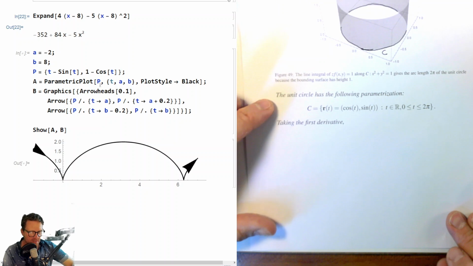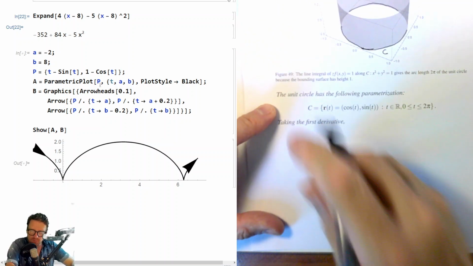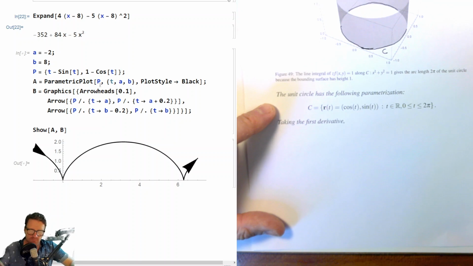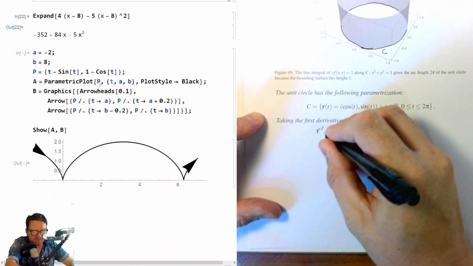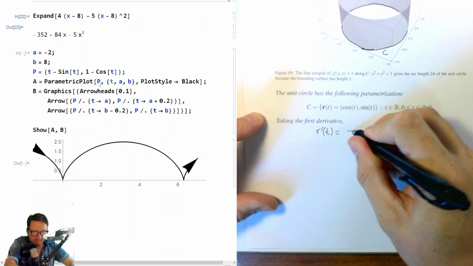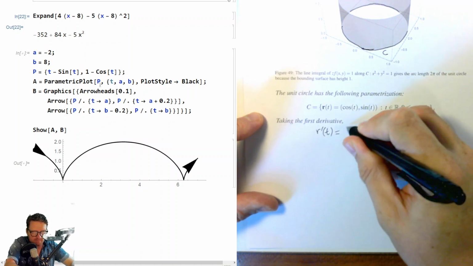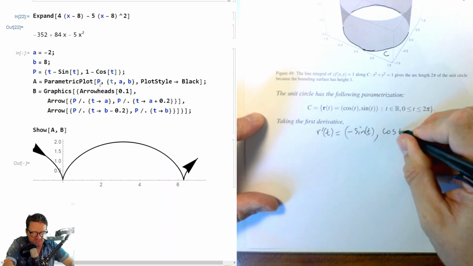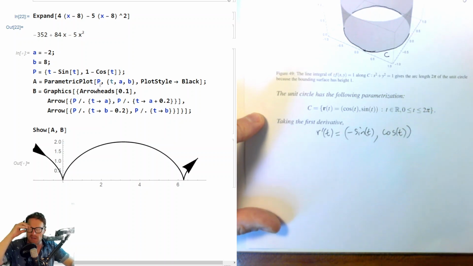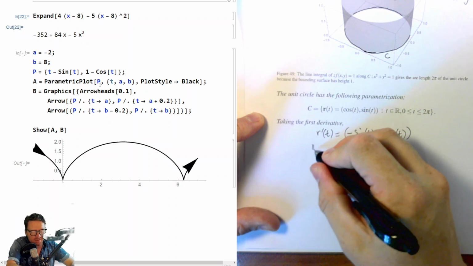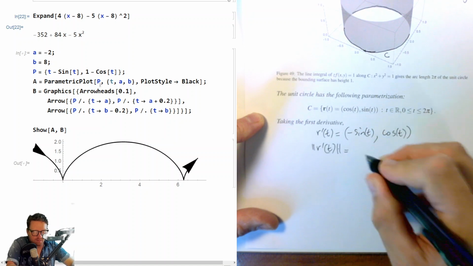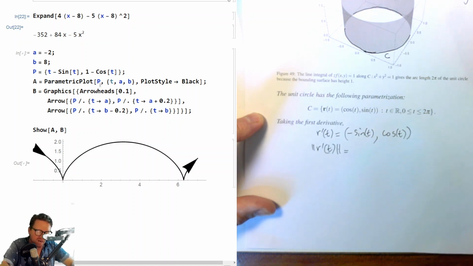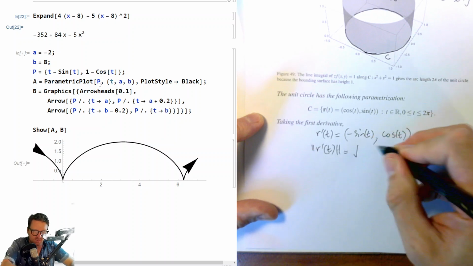All right, so what have we got here? So let's calculate this. Taking the first derivative, we've got r'(t) is minus sine t, cos t. Okay, now if we take the norm of this, we have minus sine t all squared, but we're taking a square root as well.